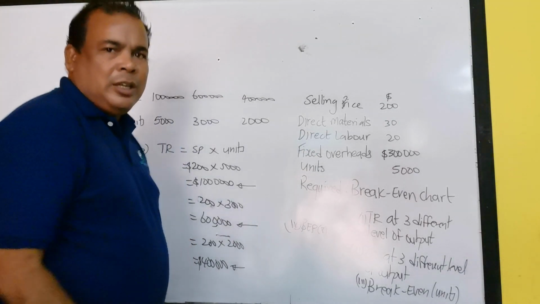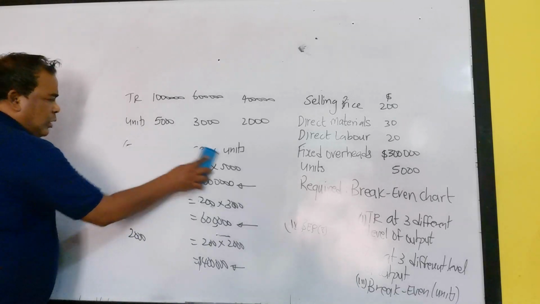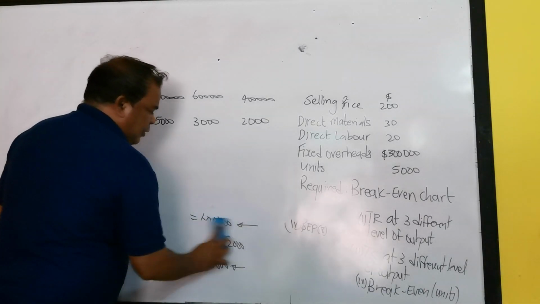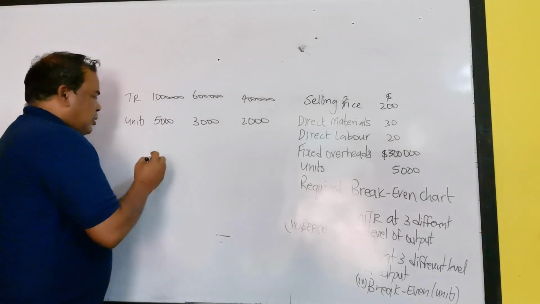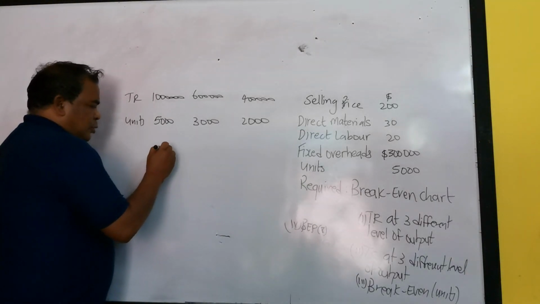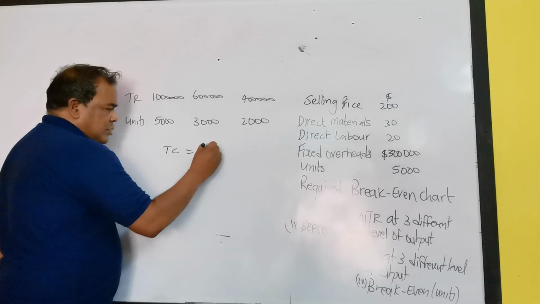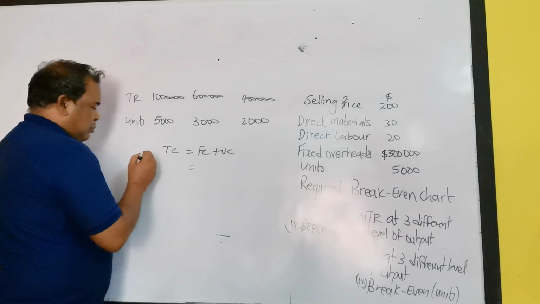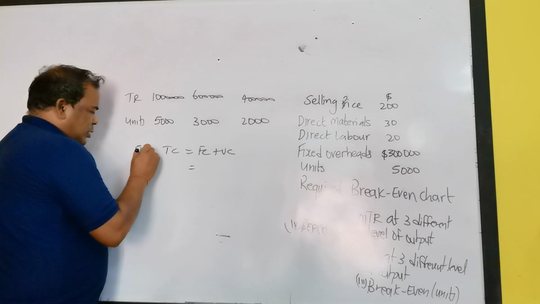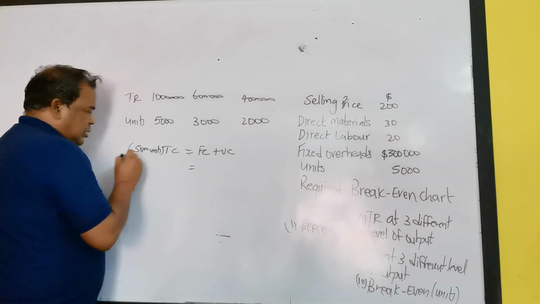Now we are going to calculate total cost at 3 different levels of output. Total cost is equal to fixed cost plus variable cost. What is the total cost for 5,000 units?